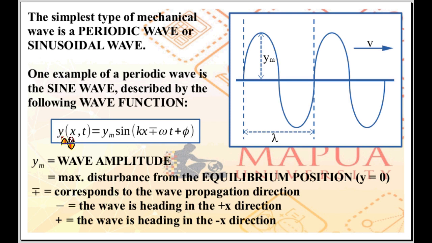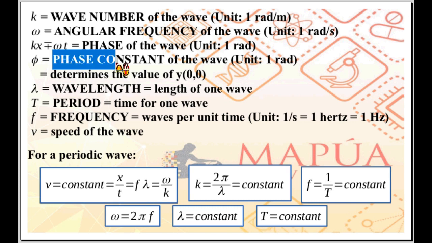Going back to our wave function, y is equal to ym sine of kx minus/plus omega t plus phi. If you set x to 0 and t to 0, you have y of 0,0 equal to ym sine of 0 minus/plus 0 plus phi. Y(0,0) will simply depend on the phase constant phi. Thus, the phase constant determines the value of y(0,0).